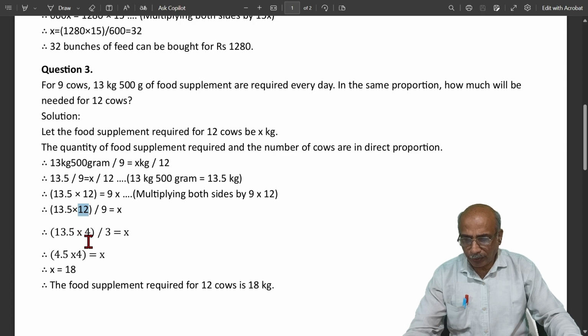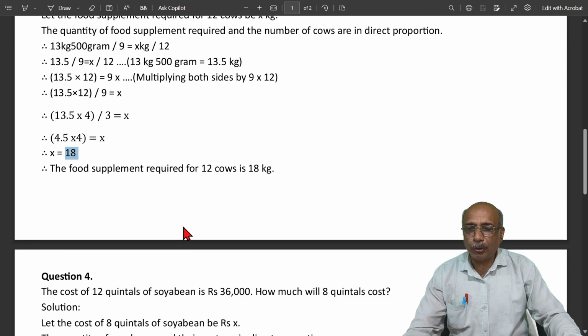So it will be left here 13.5 into 4 divided by 3. Now 3 ones are 3 and 3 4.5s are 13.5. So when we simplify it, it will be 4.5 into 4 equals 18. The answer is 18 here. The food supplement required for 12 cows is 18 kg.